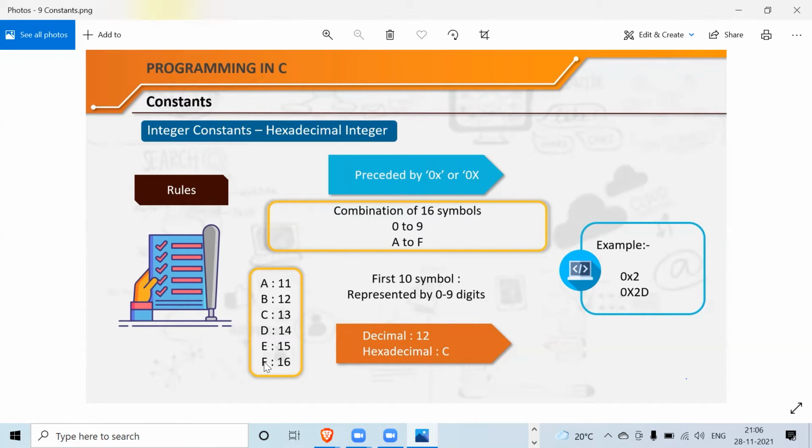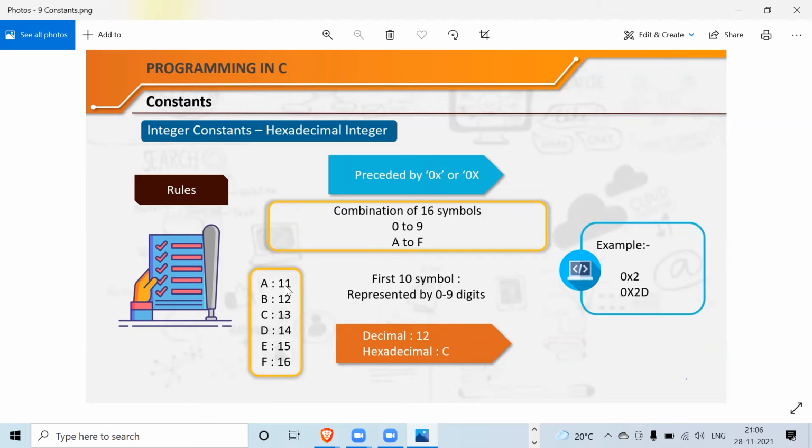Generally we count from 1, but in computers the counting starts from 0. So 0 to F is like 0 to 15. 1 to 15 is 15 symbols, and 0 is the 16th symbol. Is that clear now?